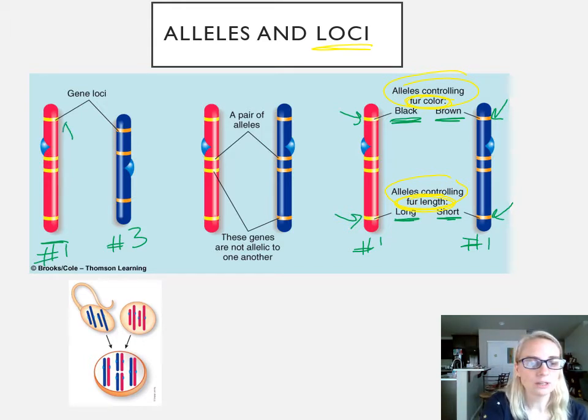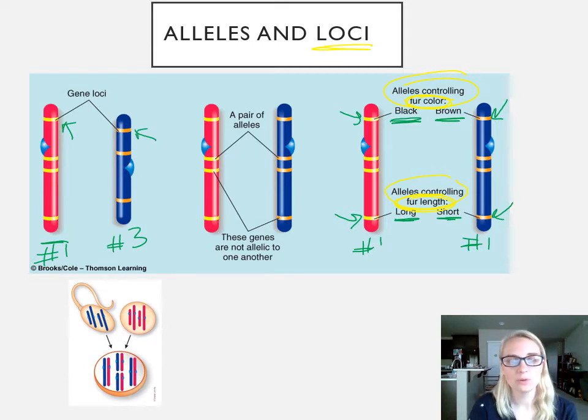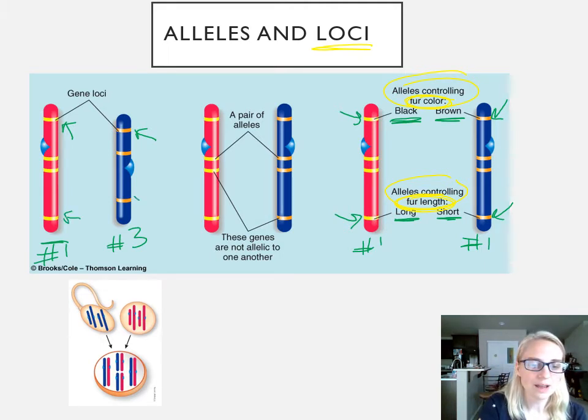So this gene is not the same thing as this gene. And the reason why we know that is because they're on two different chromosomes. Chromosome number 1 carries completely different genetic information than chromosome number 3. And this gene is not the same thing as this gene, right?